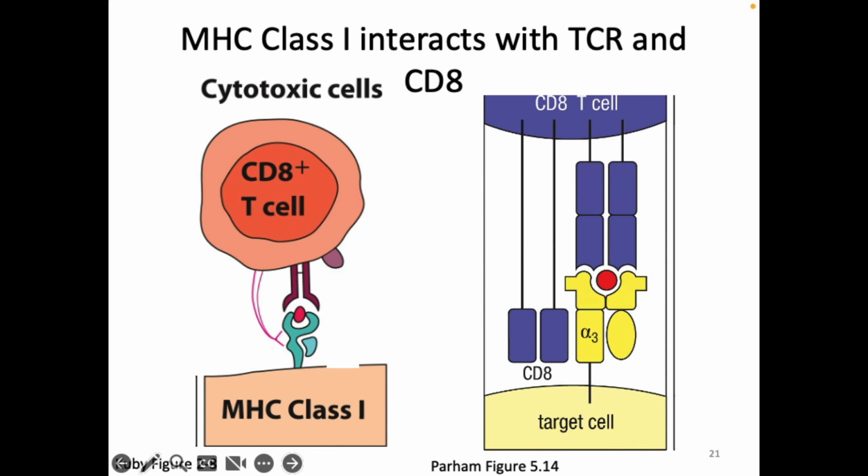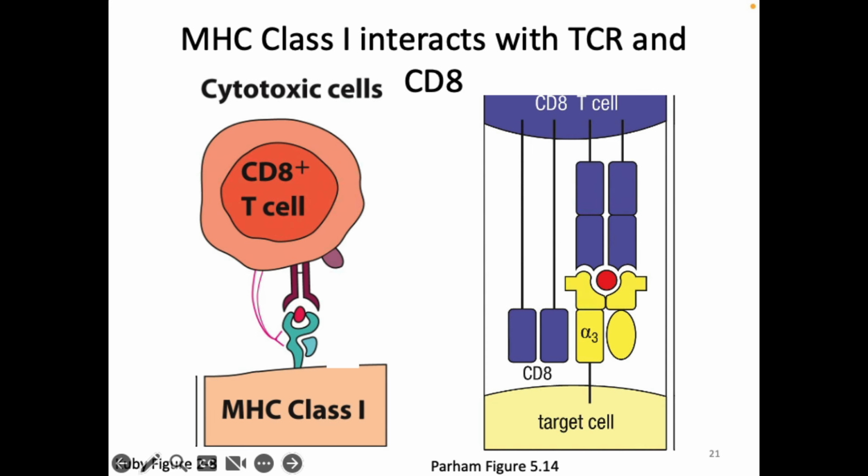But in order to stabilize that interaction, if it's MHC class 1, we have to have this additional protein CD8 that is going to stabilize the interaction. CD8, you can see, is binding to this alpha 3 domain in sort of the back of the class 1, which is conserved so it can bind to every MHC. So MHC class 1 specifically goes with TCR and CD8.